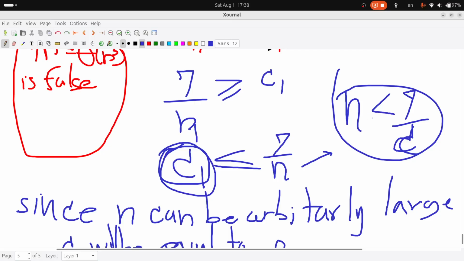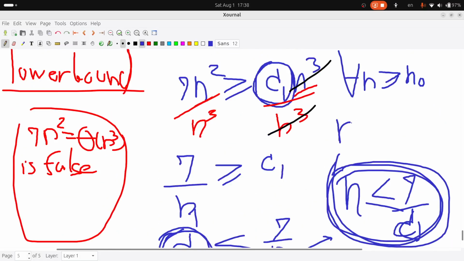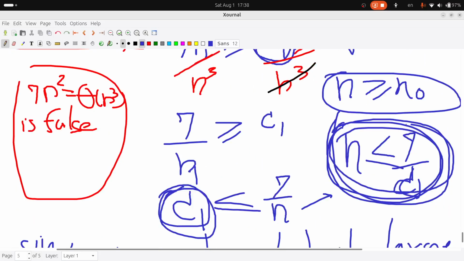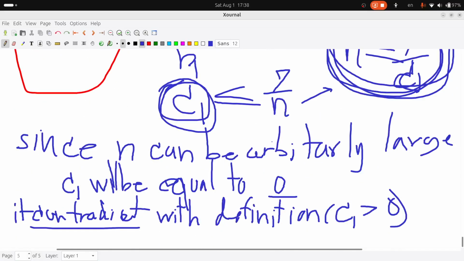It must be like this: n is less than or equal to 7 divided by c, which is a contradiction, because we need the starting point to be greater than or equal. The n should be increasing, but this inequality limits the upper bound of n to only 7 divided by c. If it's greater than that, it will be false. So we cannot find a constant c with a starting point that makes this inequality true.